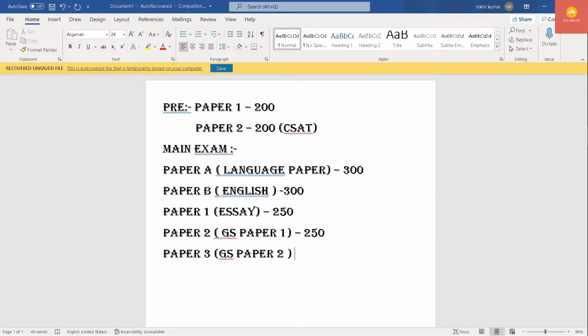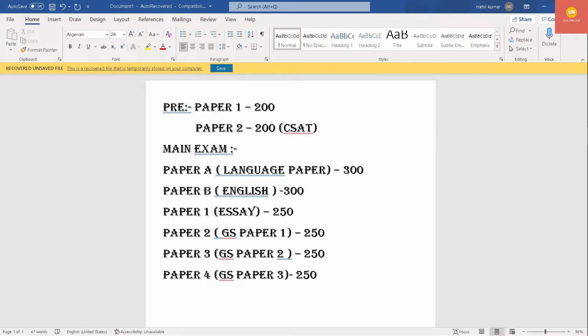It also consists of 250 marks. Similarly, we have paper 4, which is also known as GS paper 3.